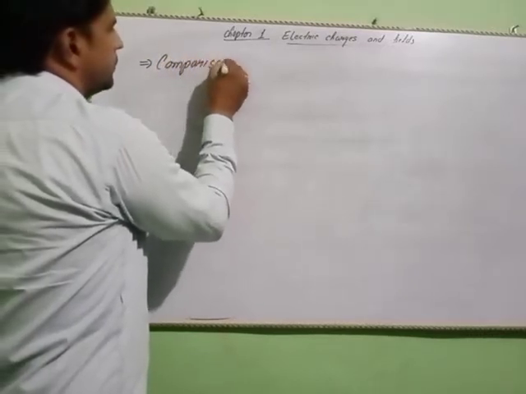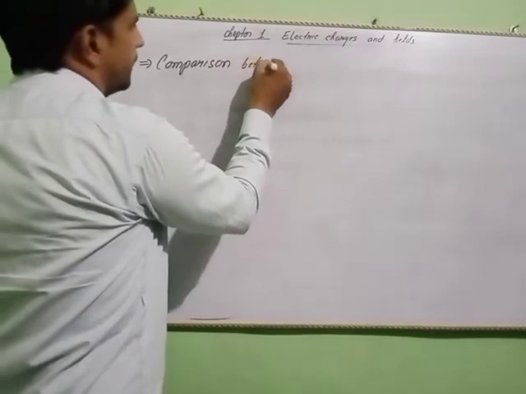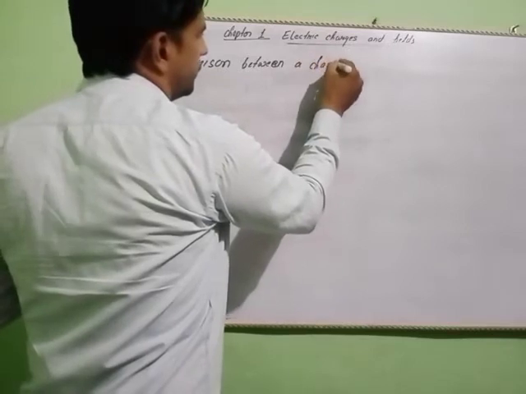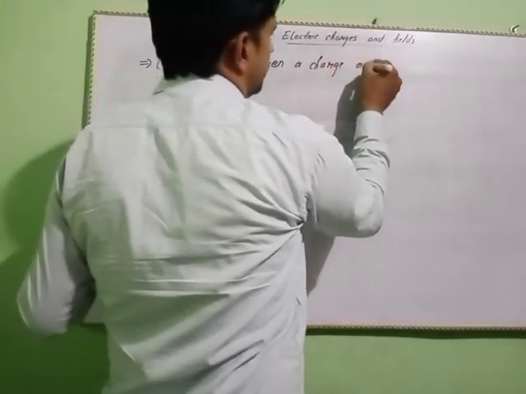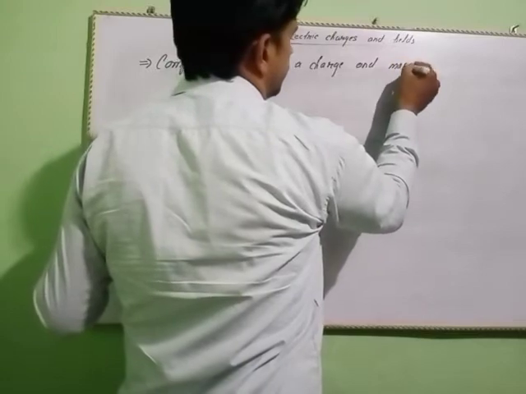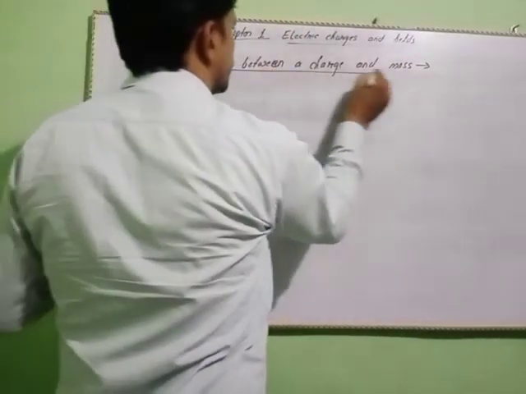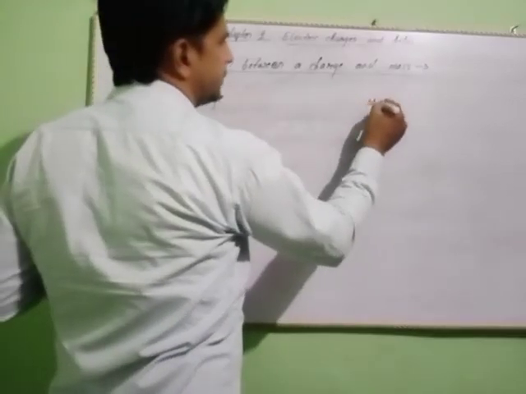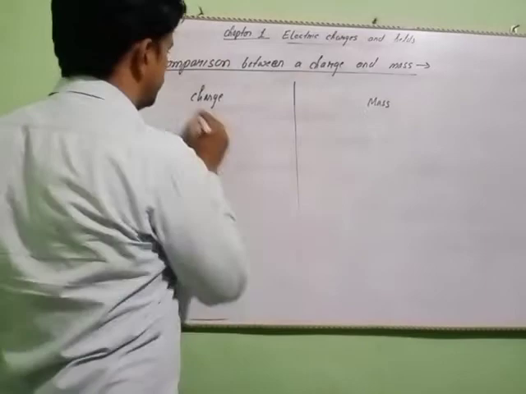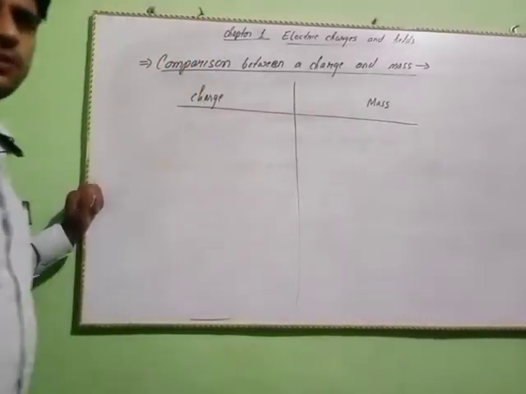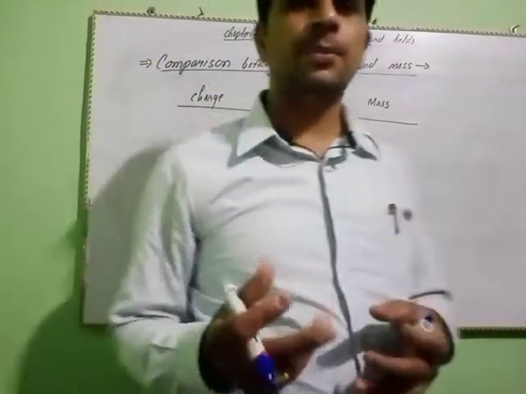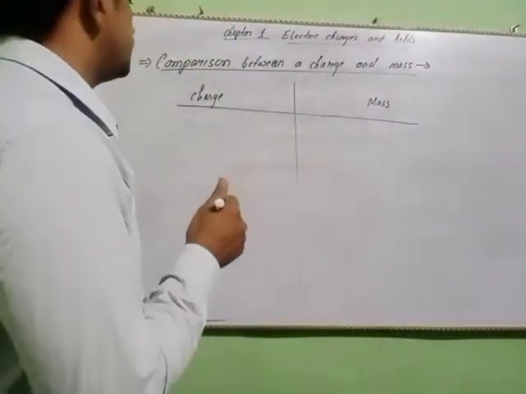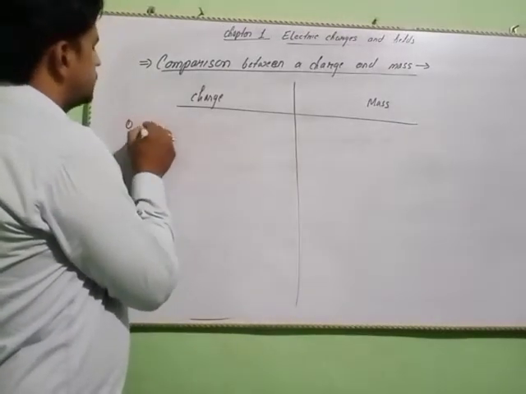First of all, we will discuss dissimilarity. We are going to compare charge and mass, so make two columns: charge and mass.